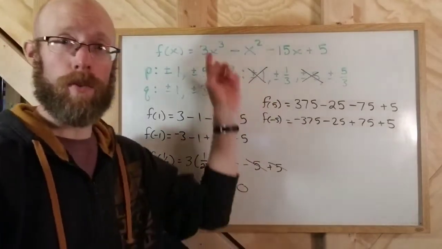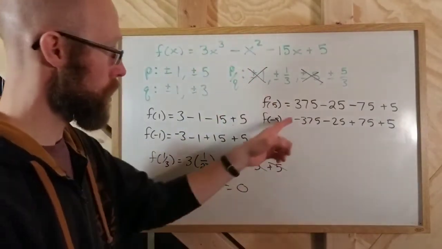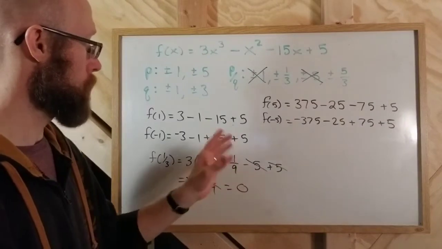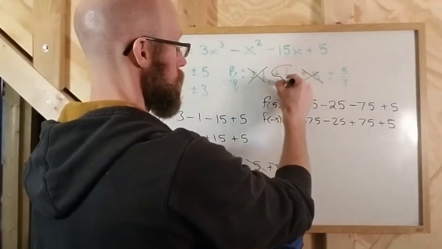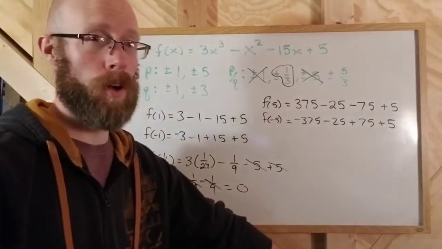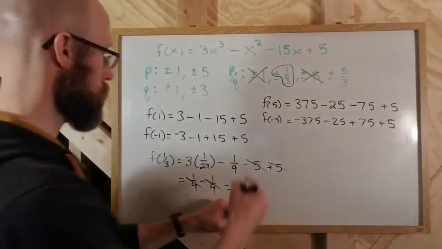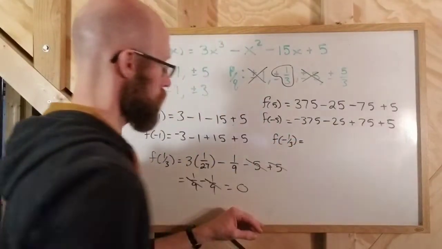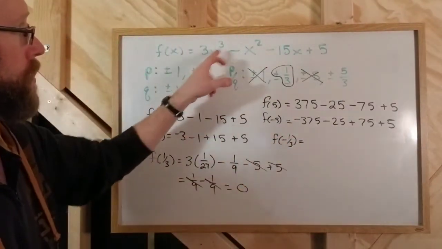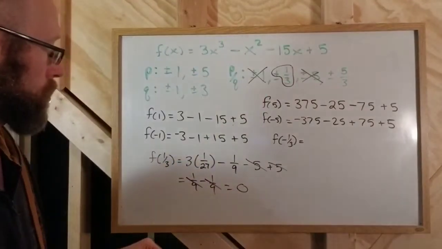Now I could take that original polynomial and continue to plug in my other numbers, which might be a pretty quick way to do that. So positive 1/3 does work. Let's go ahead and finish that off. Let's do negative 1/3. And of course, all that does is it changes the sign on the odd powered terms, odd degree terms.